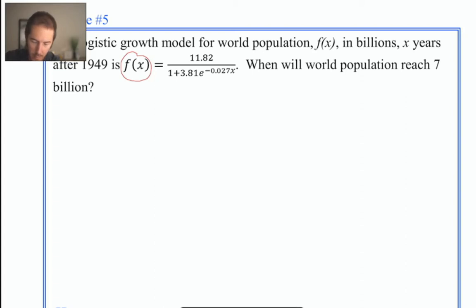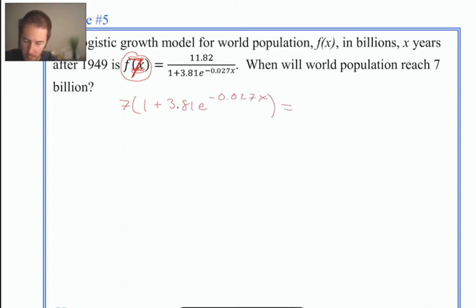So I'm going to be a little bit lazy here and just kind of scribble in a 7 over the top of this thing so I don't have to rewrite the right-hand side of this equation more times than necessary. And the next thing I'm going to do is multiply both sides of this equation by the denominator. So I have 7 times 1 plus 3.81 times e to the negative, yikes, 0.027x.